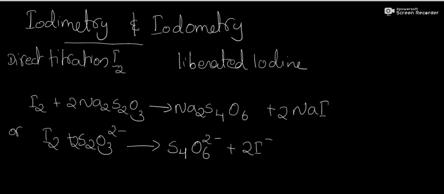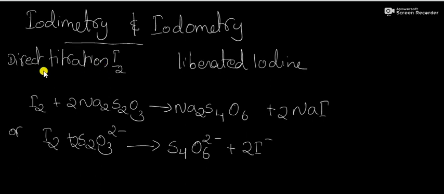Here the titrations involving iodine and liberated iodine are redox titrations. What do you mean by iodimetry? That is direct titration of a standard solution of iodine against a reducing agent.